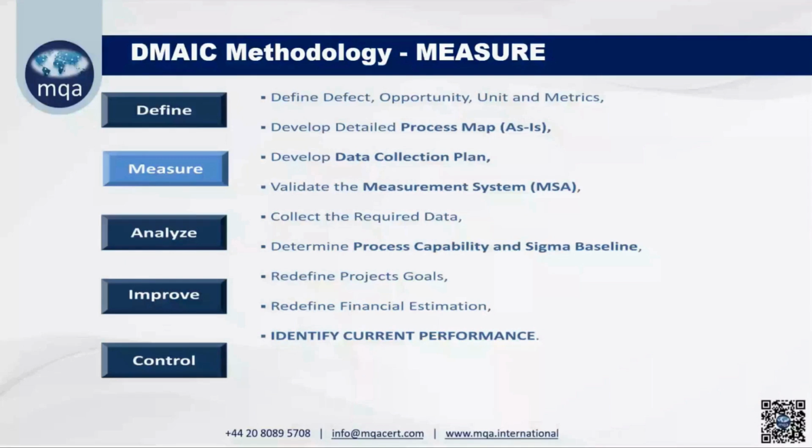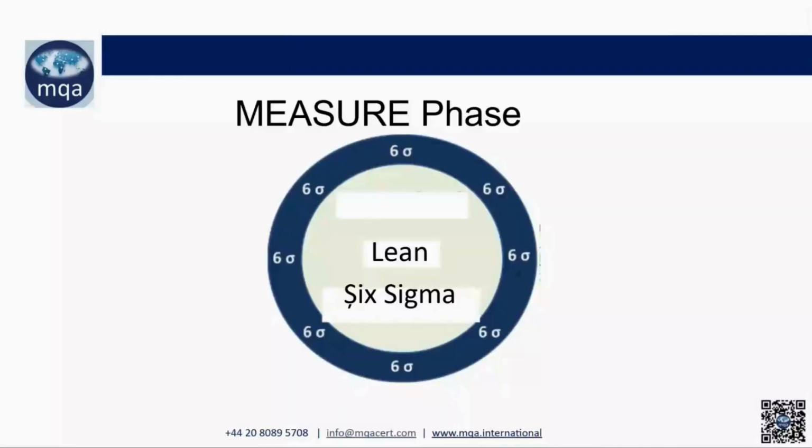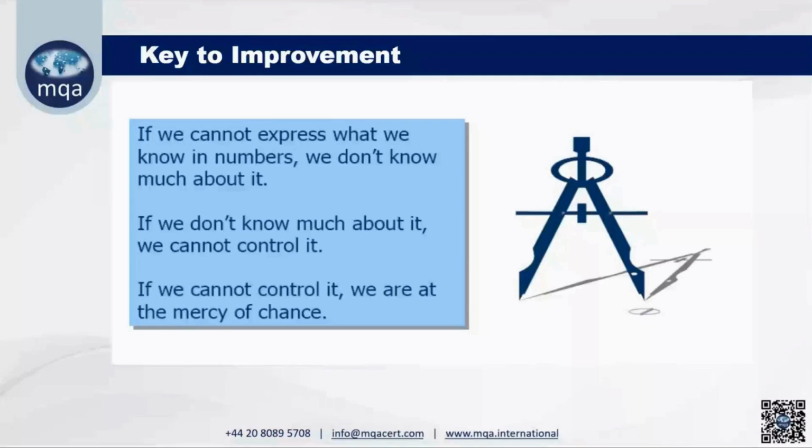And finally, we have to identify the current performance: where we are, what we are doing. So that is what measure is. The key to improvement, as I told you, is that if we cannot express what we know in numbers, we don't know much about it.